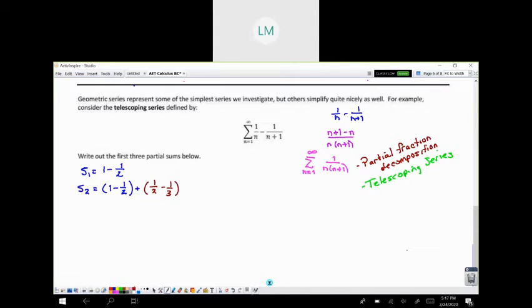Our third partial sum gives us 1 minus 1/2 plus 1/2 minus 1/3, and switching this up again, plus 1/3 minus 1/4.